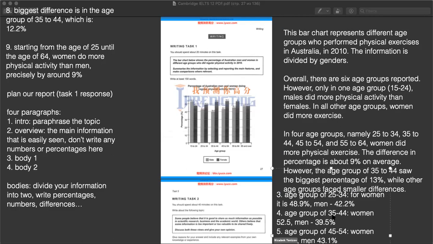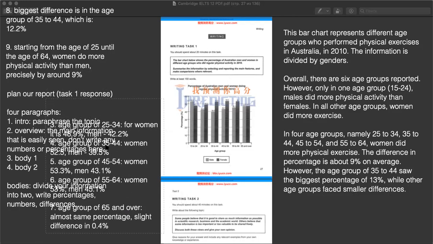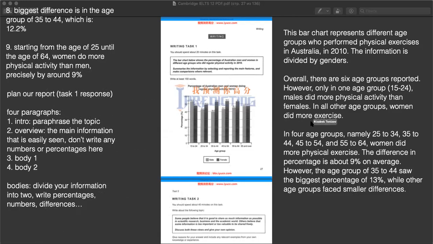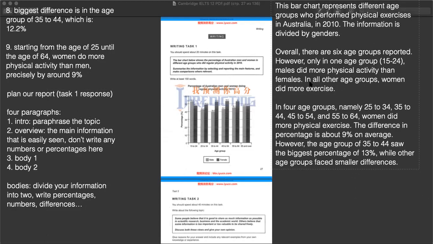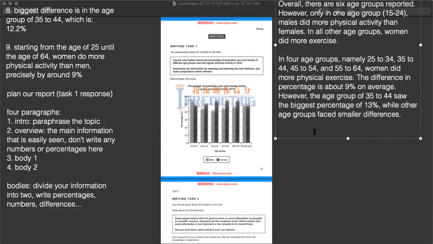Now we're going to write body two. Do we need this information here? No, we can just delete it. Now body two. We're going to write about this and this.